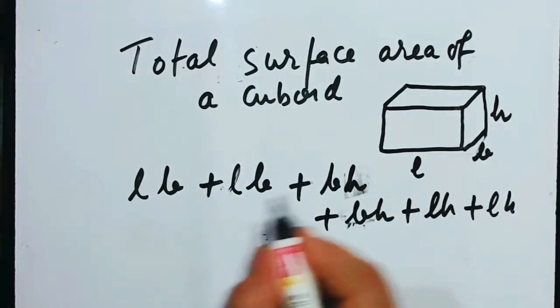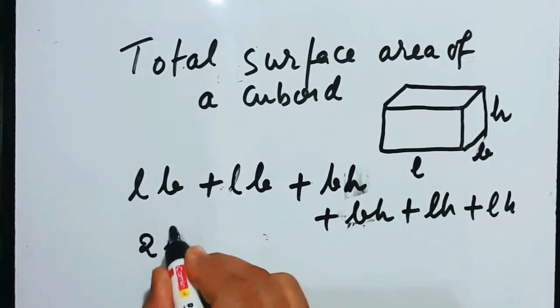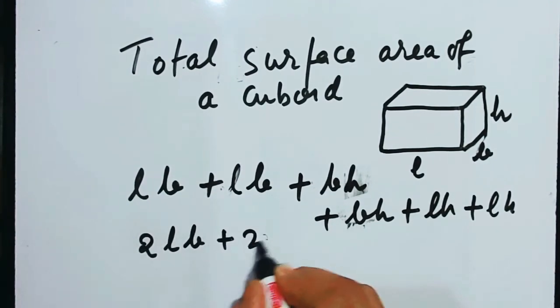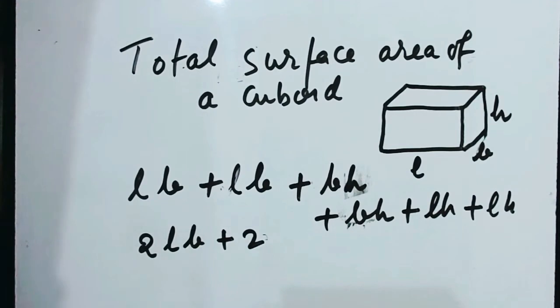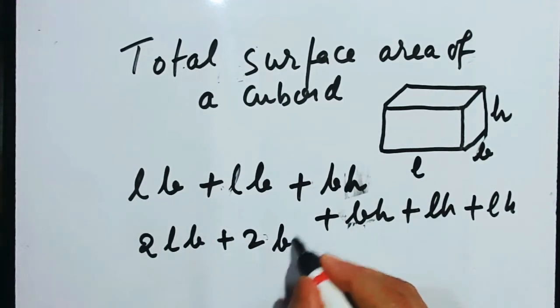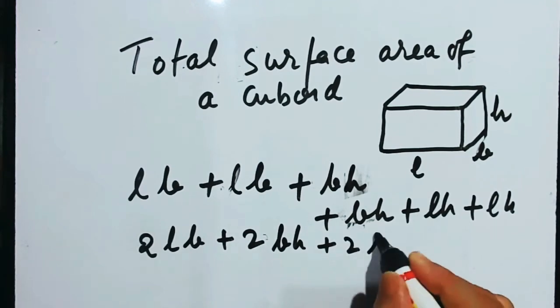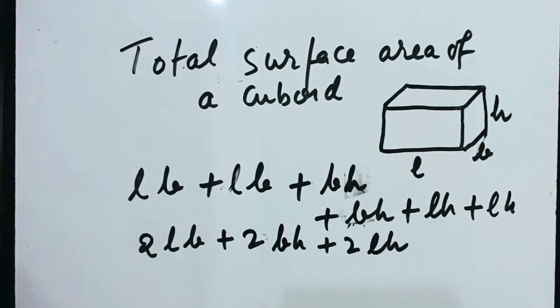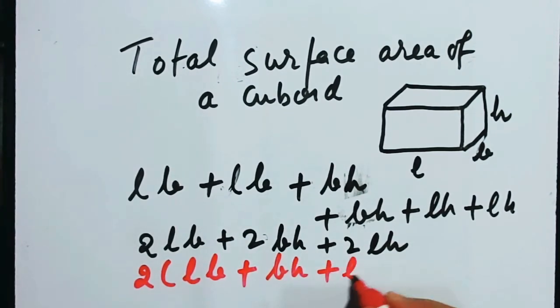So let us assemble it. Twice LB plus twice BH plus twice LH, which will give you 2 times (LB plus BH plus LH).